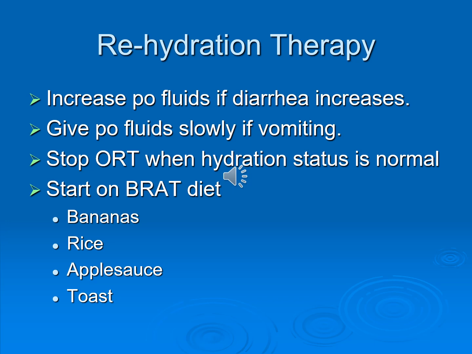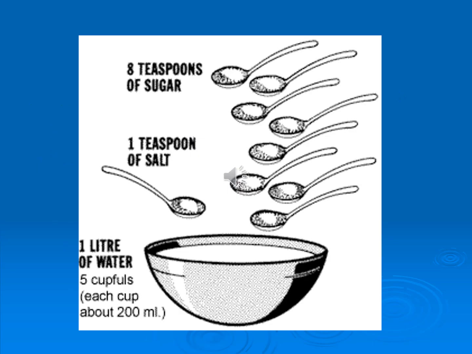That consists of bananas, rice, applesauce, and toast. So if you think about the nutritional components of those 4 things, you can see why that BRAT diet is started. Those are also very bland type foods. How you can mix a solution for these children.